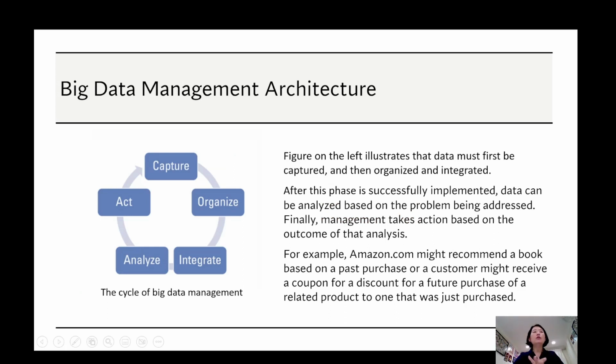Now let's take a look at the big data management architecture. This figure on the left hand side illustrates that data must first be captured. So this is a technology that you need to install. For example, a transaction processing system, where you can capture daily transactions from the retailers.